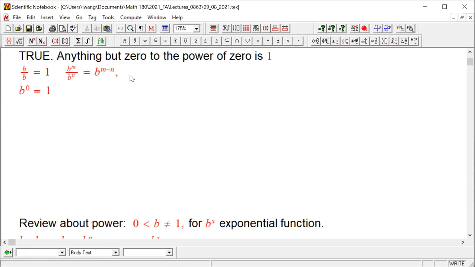B cannot be 0. We never ever divide by 0. Denominator cannot be 0 is a very, quote and unquote, ancient rule, right? We don't divide by 0. Even though that rule was taught as early as pre-algebra, it must be respected for all the future mathematics.